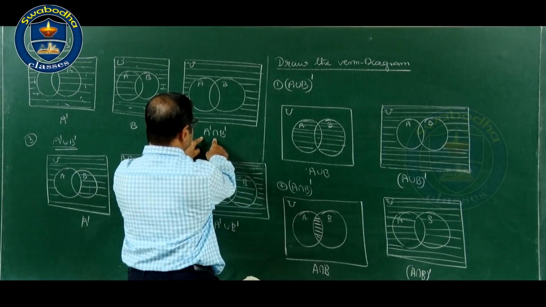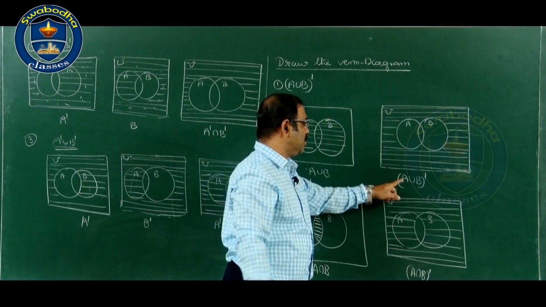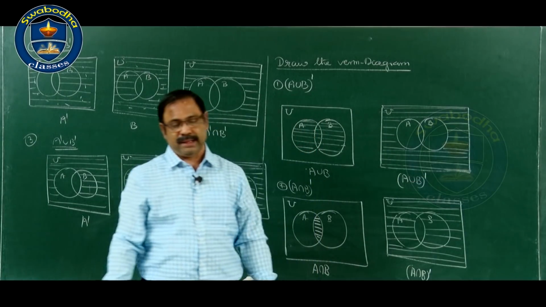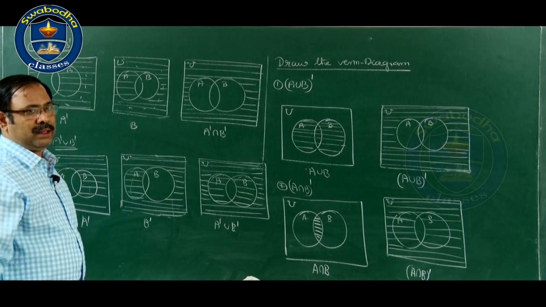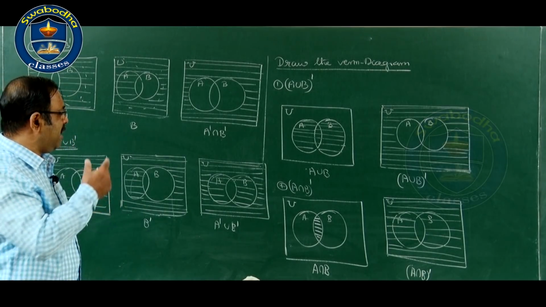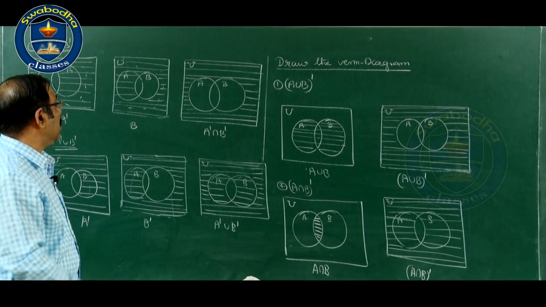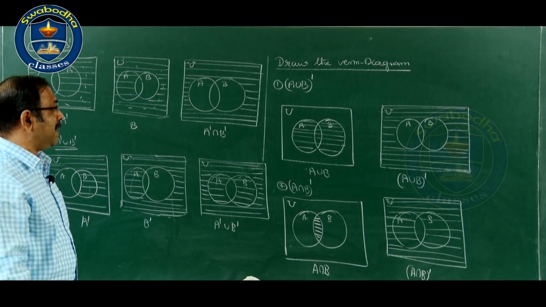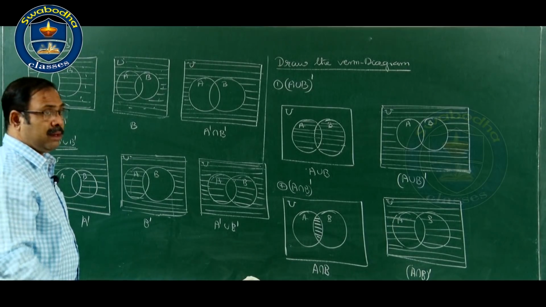So A complement intersection B complement is equal to A union B complement. Okay, I hope this idea is clear. So you must be able to draw this Venn diagram for all these: A complement, B complement, A union B complement and A intersection B complement.